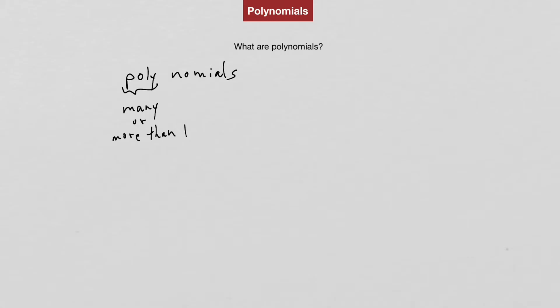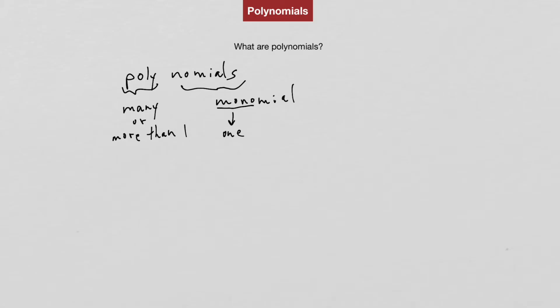And then the next step is to define what nomials are. So a nomial is actually a monomial, whereas mono is one. So it's one nomial.